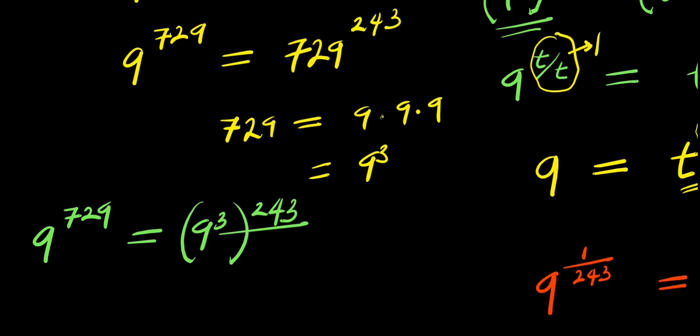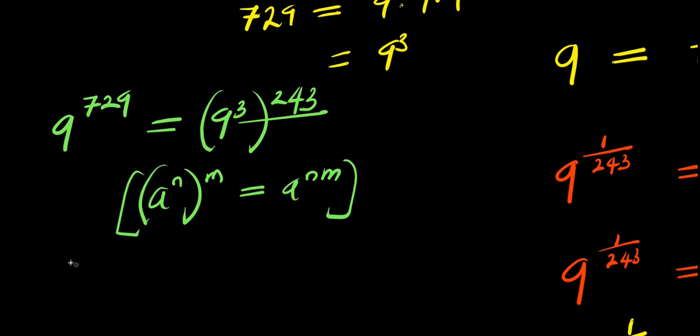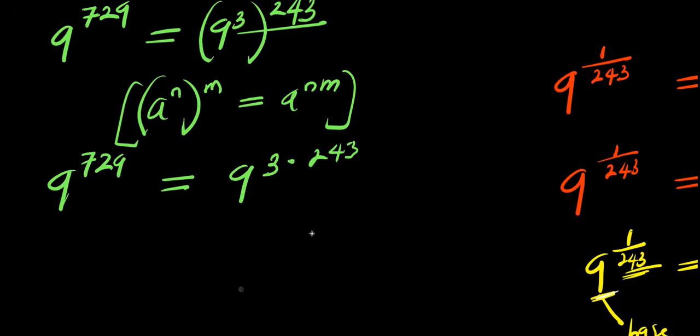I can multiply this exponent out using the identity of a power m raised to the power of n equals a power m times n. So I'm going to have 9 power 729 equals 9 power 3 times 243. So what is 3 times 243? 243 times 3. 3 times 3, 9. 3 times 4, 12. 2 carry over 1. 3 times 2, 6 plus 1, 7.